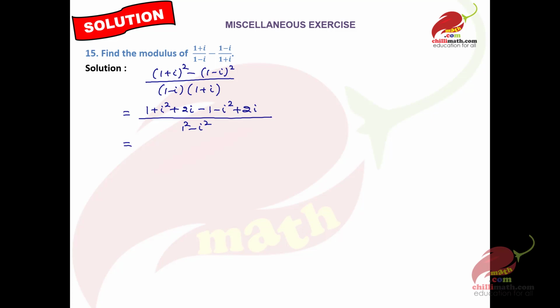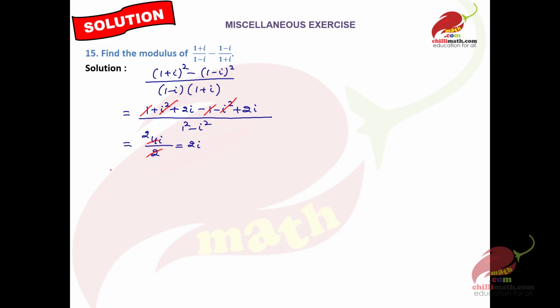Just check here, the i² terms and the minus i² terms are there, so they can be cancelled. This one will also be cancelled. So 2i + 2i is 4i. Over 1² is 1, minus of minus 1 again plus 1, so 1 plus 1 is 2. Cancelling this, we'll get 2i.